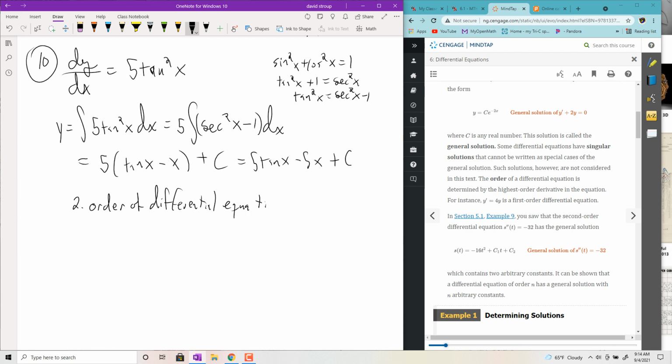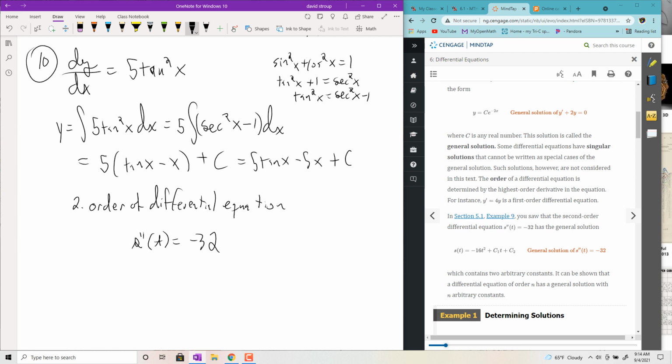And up to this point, you've not really seen a lot of differential equations. You probably have seen like the position equation, which we can get by integrating the acceleration equation in physics, right? So that particular differential equation had order 2, and you see it over here in the book, s double prime, the acceleration, is equal to negative 32.